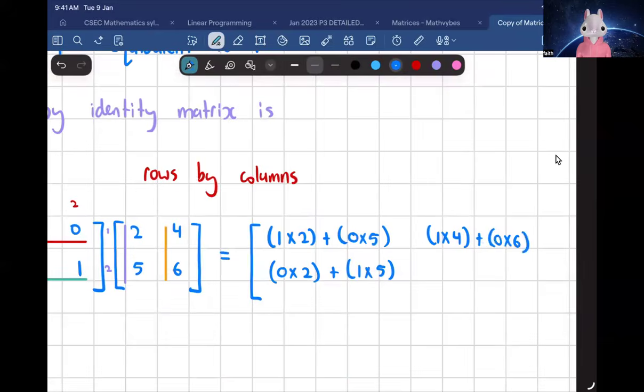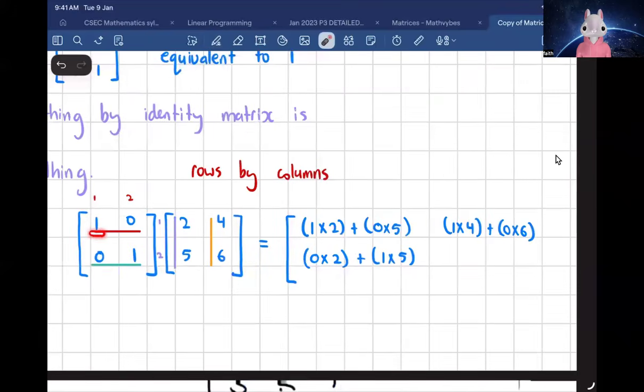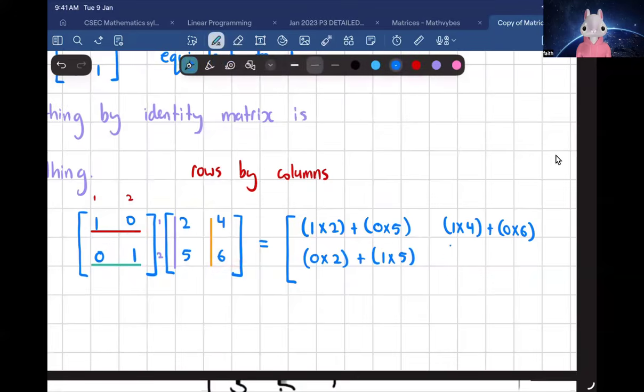Remember, this is the first element here, and 4 is the first element in that column. So 1 by 4, plus 0 by 6. Continue. Then 0 by 4 plus 1 by 6.